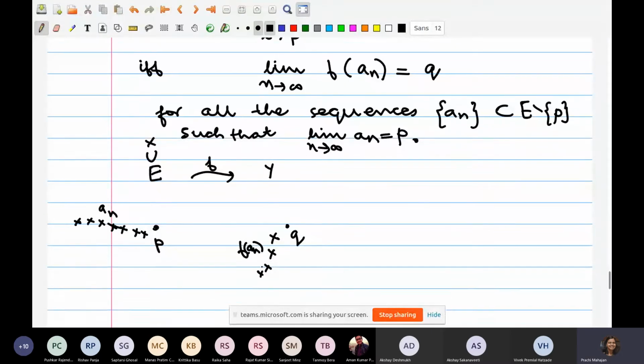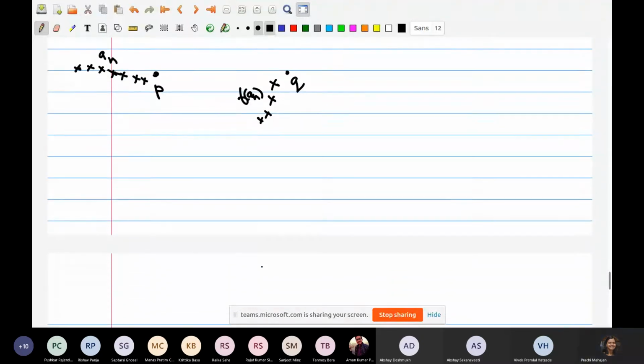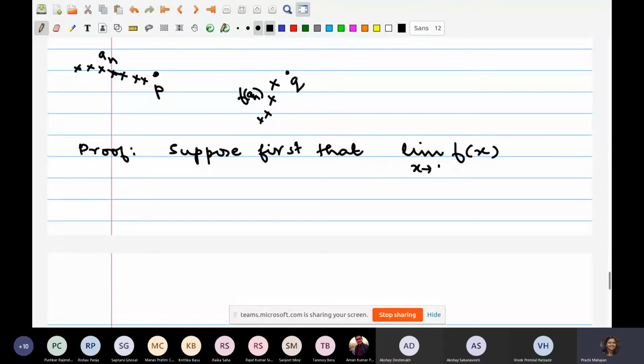So let's fill in the proof quickly. Okay, so let's suppose that the limit of the function f at the point P exists and equals Q. Let me write it in a different manner.